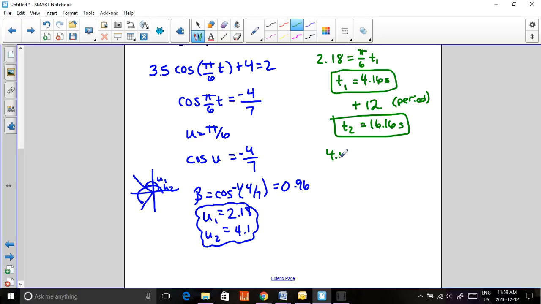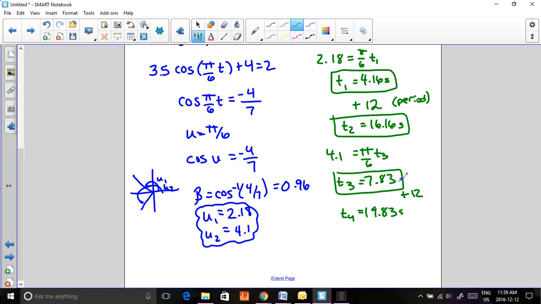So 4.1 equals pi over 6 t3. So t3 equals 7.83, which matches our graph. Okay, and we add 12 to that to get the next one. So t4 is equal to 19.83.